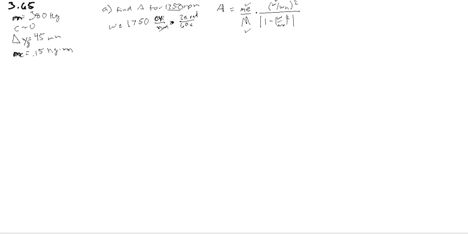The minutes would be up here, so they cancel out with those minutes, and the cycles on the bottom cancel out with the radians per cycle. So this comes out to be 183.26 radians per second. Alright, so we've got omega.